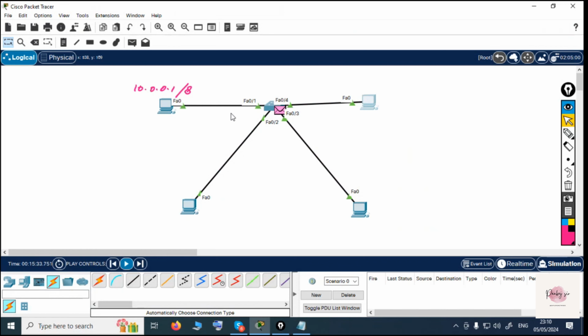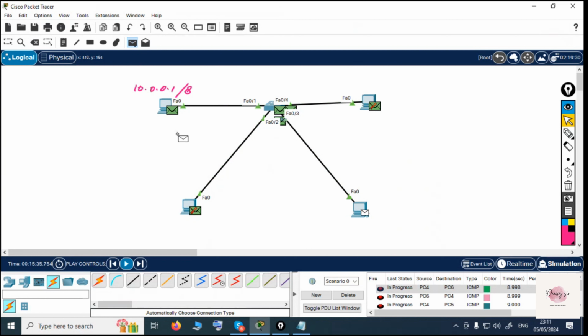So data cannot collide in this case. So let's see. Let's send the data from this PC to this PC, from this PC to this PC, from this PC to this PC, from this PC to this PC, from this PC to this PC.